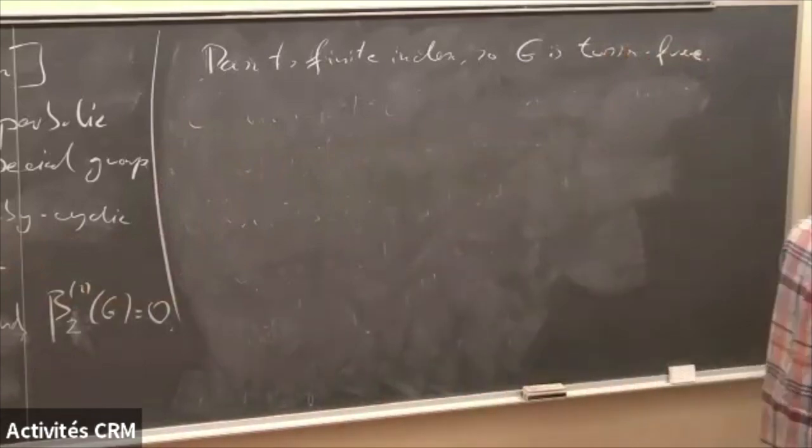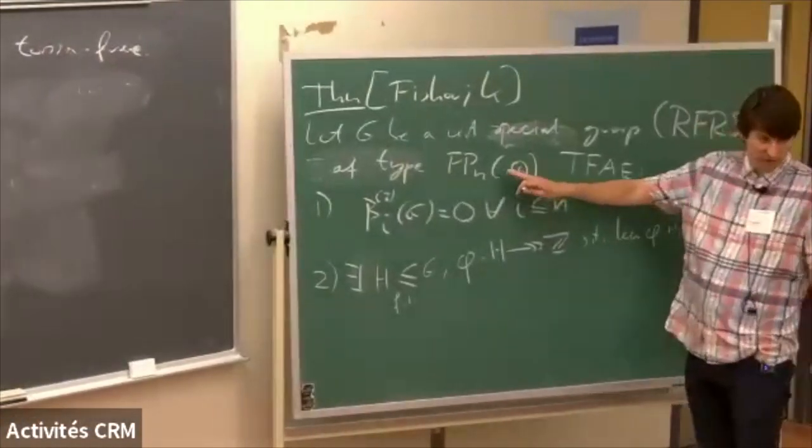So now I have a group that is of type F. It has a finite classifying space, so in particular, it has this homological finiteness property.